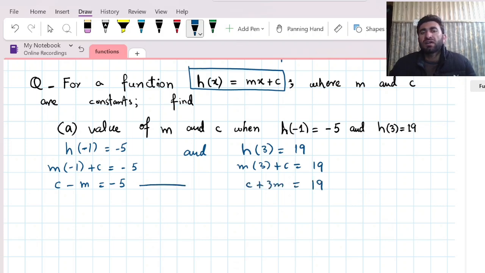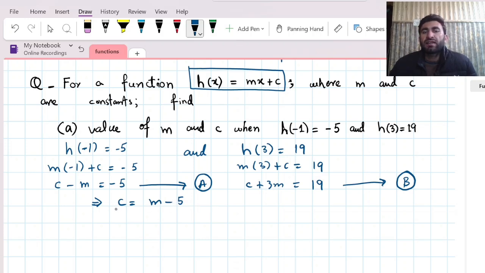Now we have to solve these two equations simultaneously. I name them a and b. You can solve it any way you want. I would like to solve it with the substitution method, so c will become m minus 5. The negative m on the left hand side will turn to positive on the right hand side.